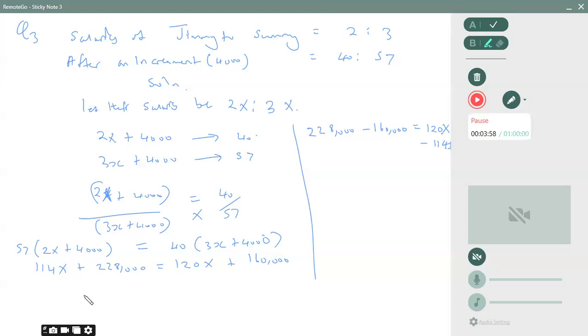So 228,000 minus 160,000 gives us 68,000, equaling 120x minus 114x, which becomes 6x.